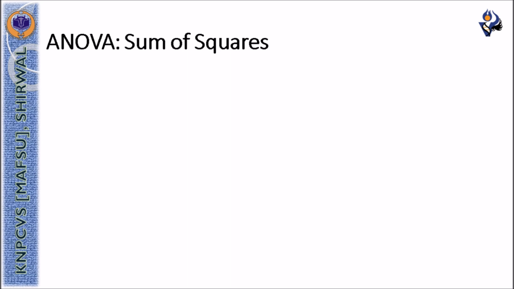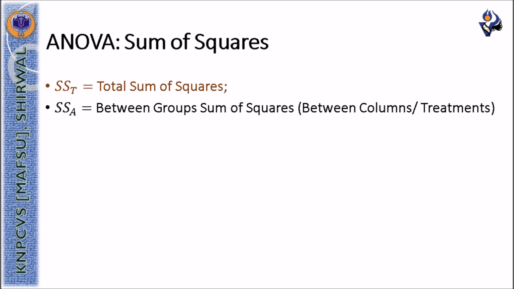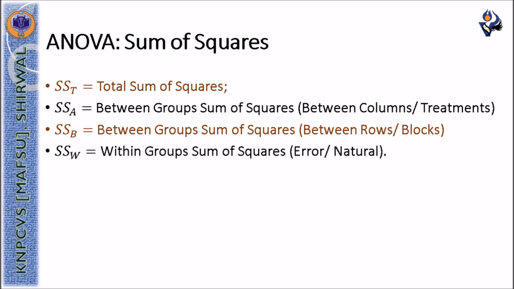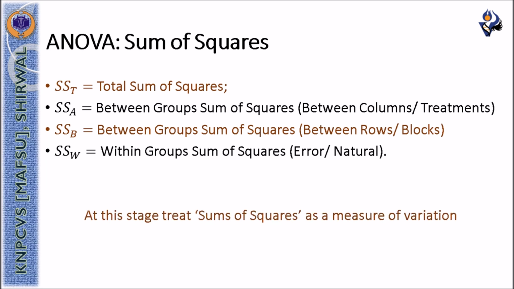For estimation of mean sum of squares, we need to initially calculate various sum of squares, such as total sum of squares, between the treatments sum of squares, between the blocks sum of squares, and within the groups sum of squares. At this stage, treat sum of squares as a measure of variation.